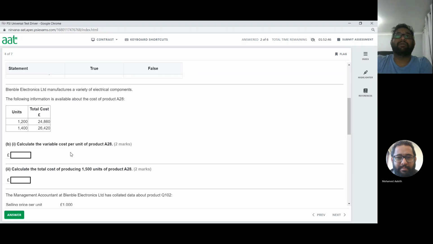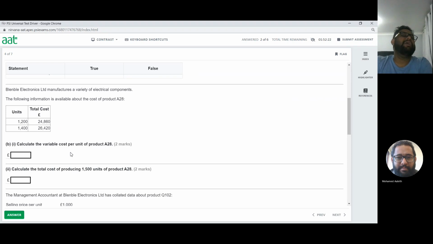Blendable Electronics Limited manufactures a variety of electrical components. The following information is available about the cost of product A28. At 1,200 units, the total cost is 24,860. At 1,400 units, the total cost is 26,420.